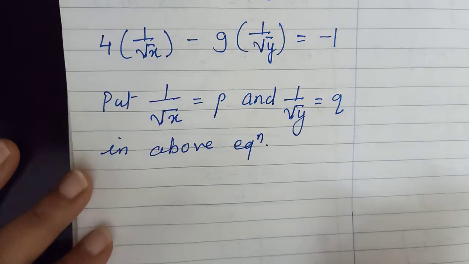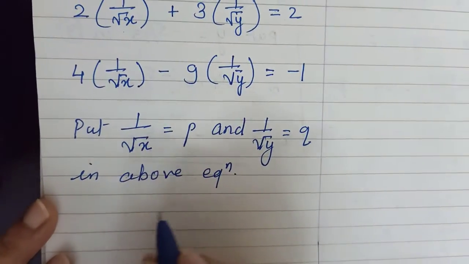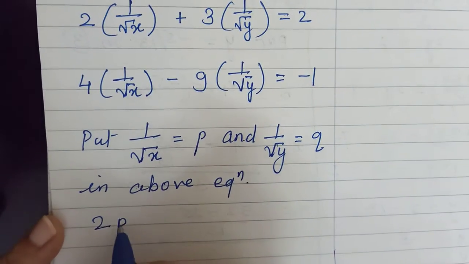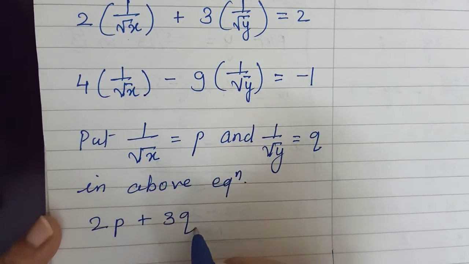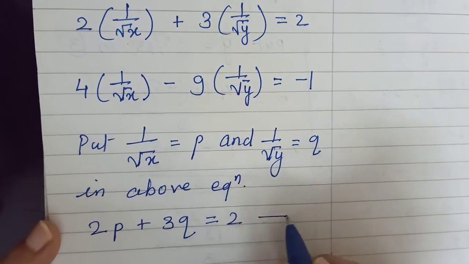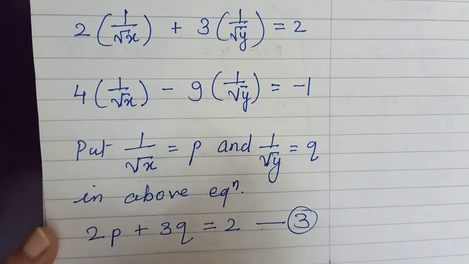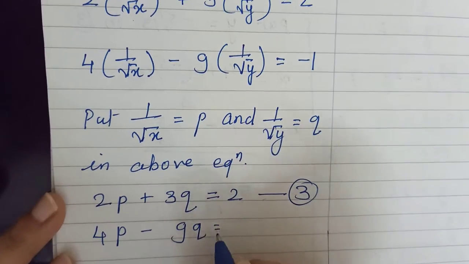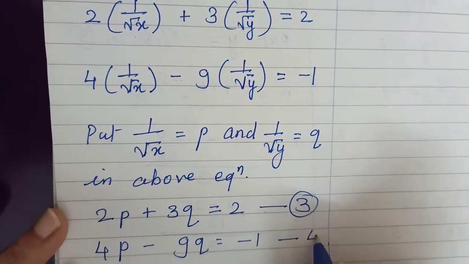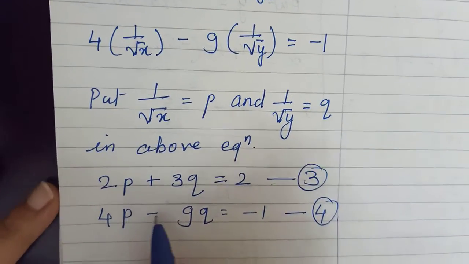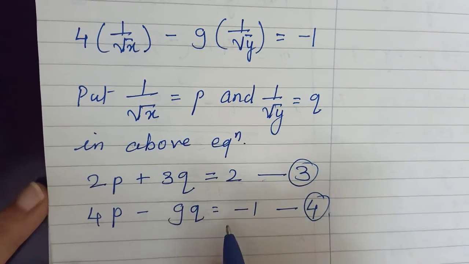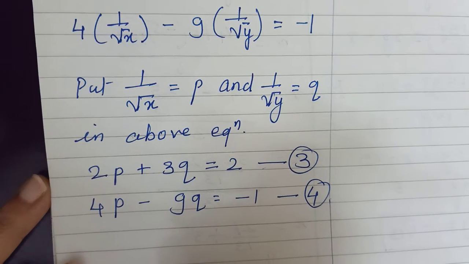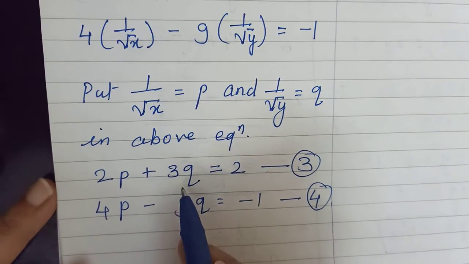If you put these in the above equations, the equation becomes 2p plus 3q equals 2. We will call it equation 3. And 4p minus 9q equals minus 1. We will call it equation 4. Now it is reduced to the standard form of a linear equation, a1x plus b1y plus c1 equals 0. So now it is easy for us to solve this.